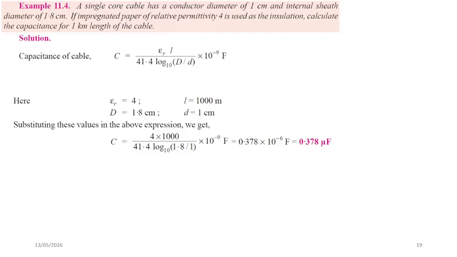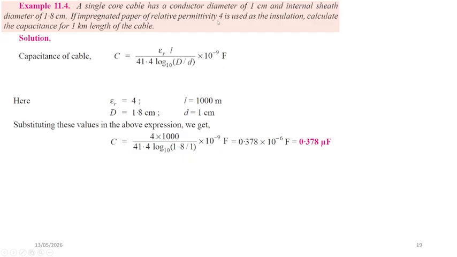The conductor diameter is 1 centimeter, while the internal sheath diameter is equal to 1.8 centimeter, and the insulation material is impregnated paper with a relative permittivity of 4.